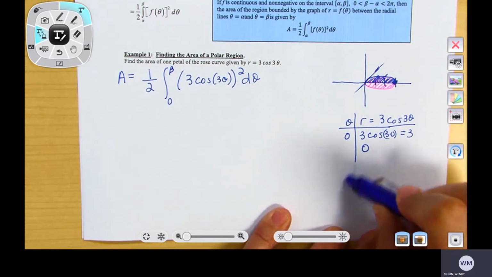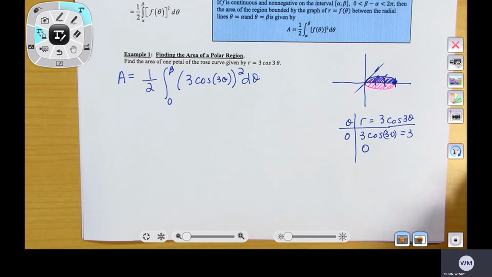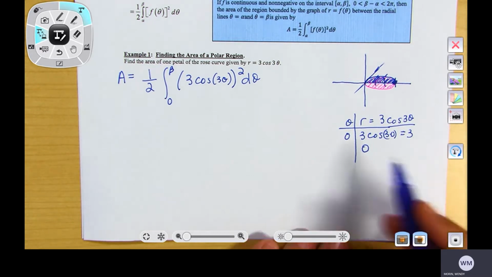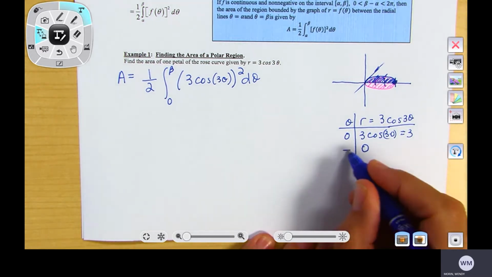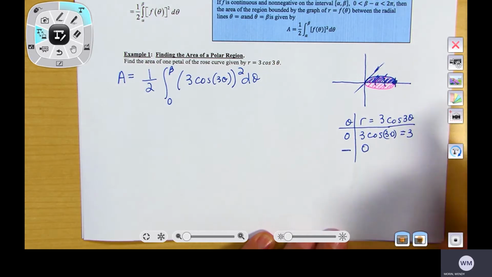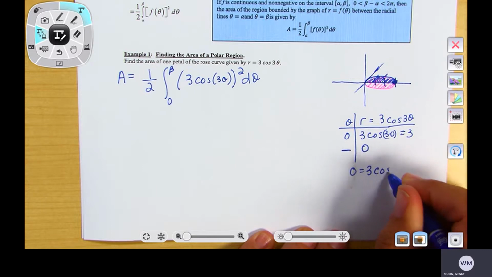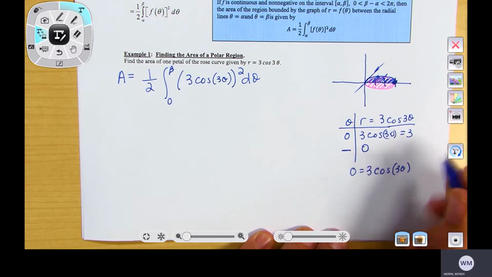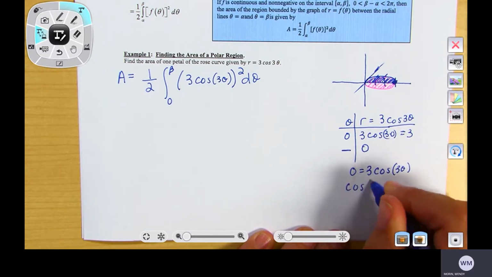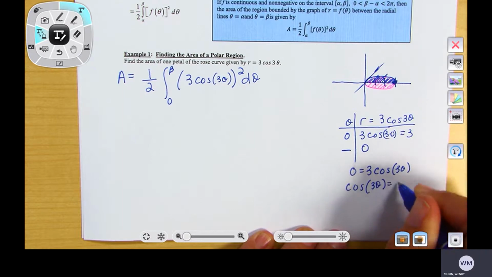A lot of times they give it to you, but let's go through and figure out what our theta would be when we get to this pole. So that means your radius is equal to 0. So we have 3 cosine of 3 theta, which gives you the cosine of 3 theta equals 0.